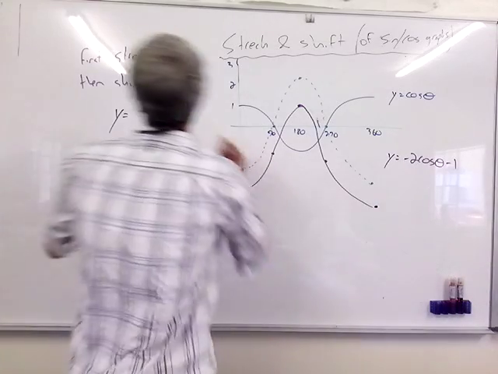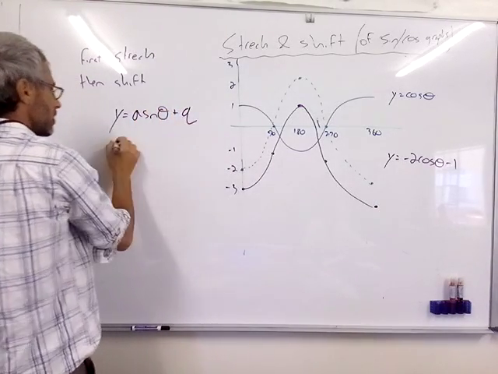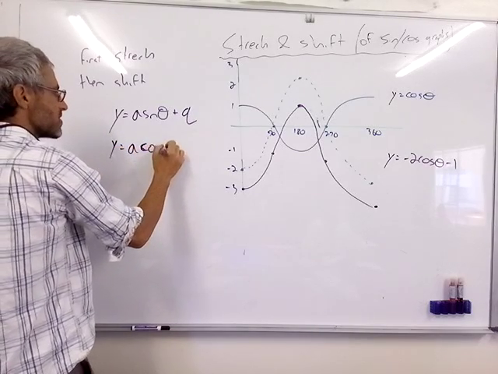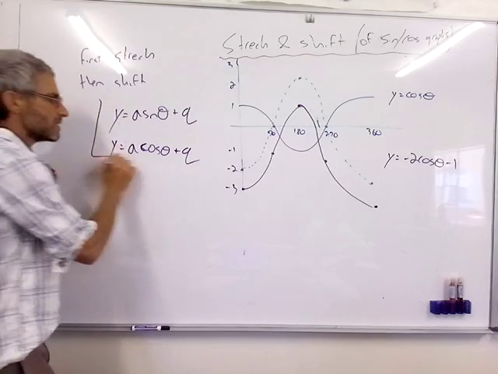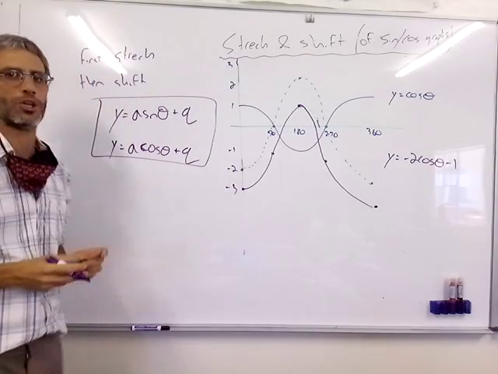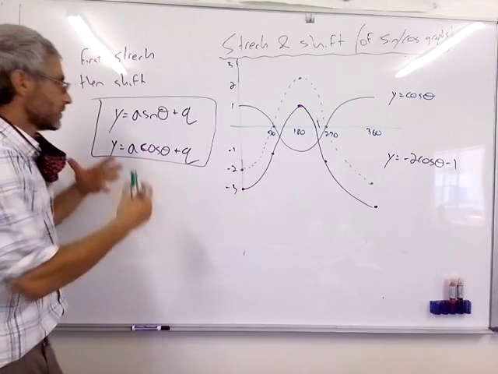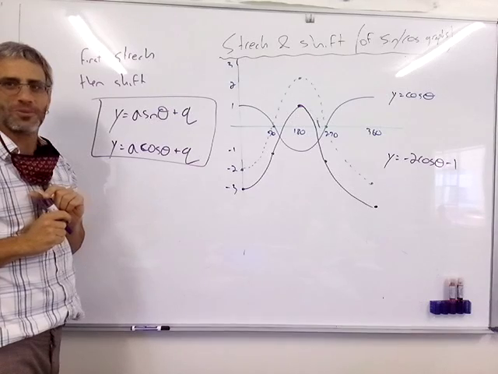A sine theta plus Q, and y equals A cosine theta plus Q. Those are all the graphs we're going to be working on this year. We're going to add to this repertoire next year.